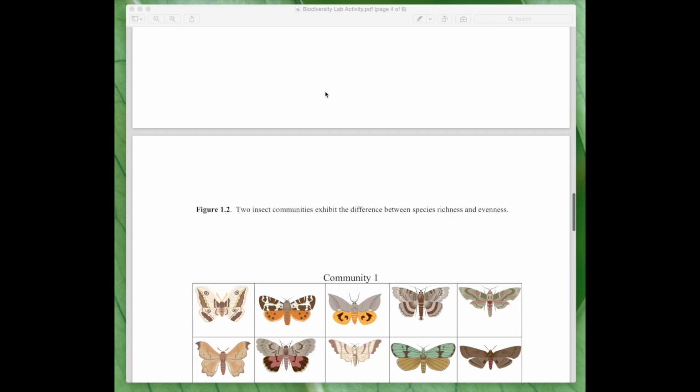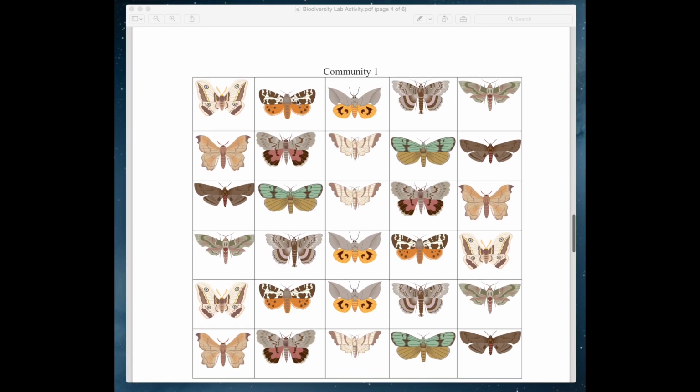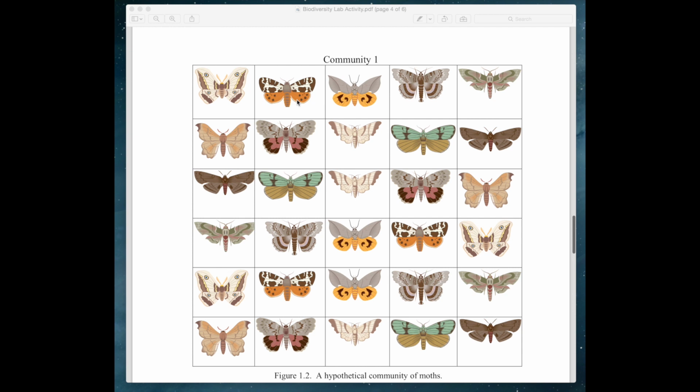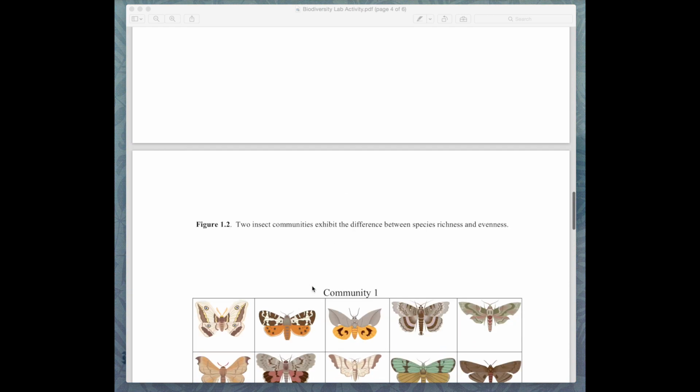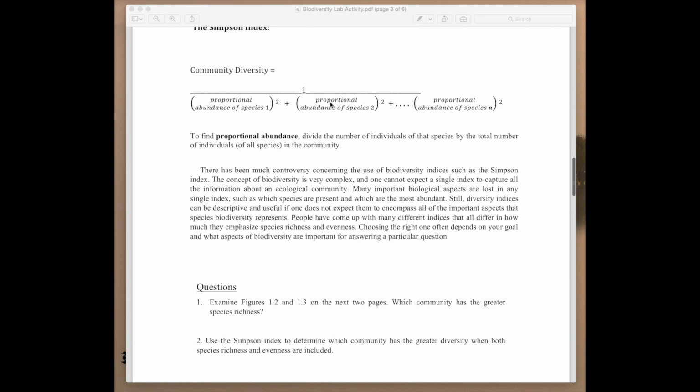So we move on in community 1 to the second species. Here's the second species, and we count 1, 2, 3 individuals of species number 2. And again, divided by 30 gives us a value of 0.1 for the proportional abundance, and we square that value, which gives us 0.01.